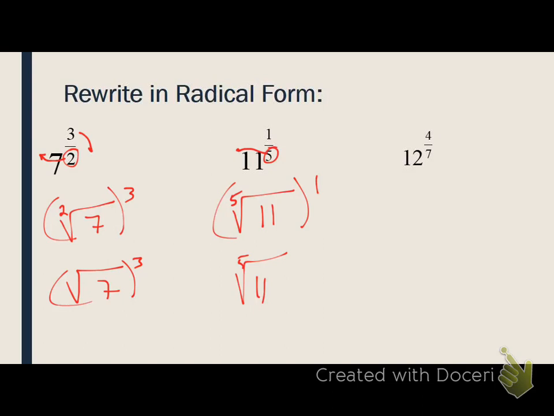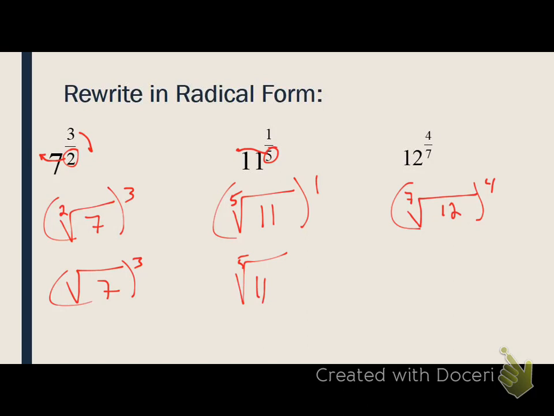I'll give you a second to think about it and start to write it. Okay, are you starting to write the 7th root of 12 to the 4th power? That's what it should be. Okay? And we'll take a look in a second at when it's going to be helpful to rewrite these.